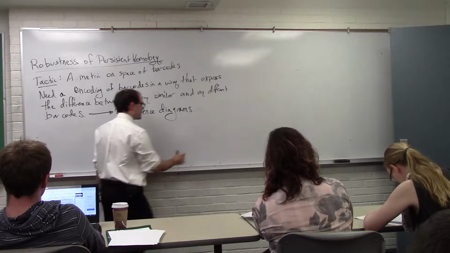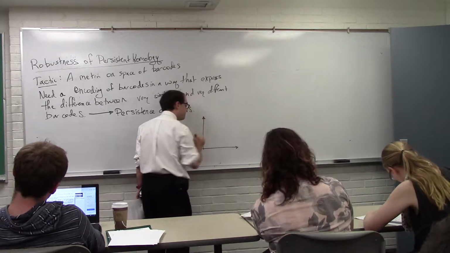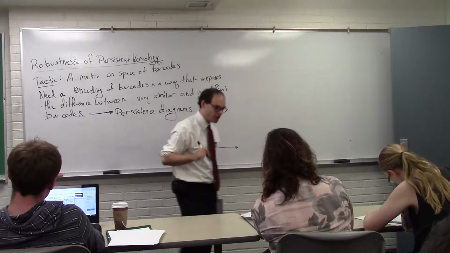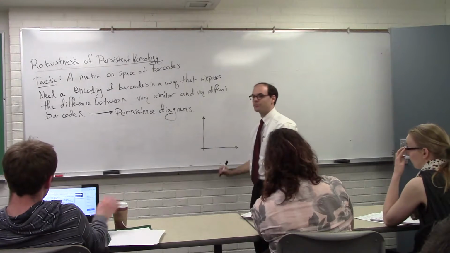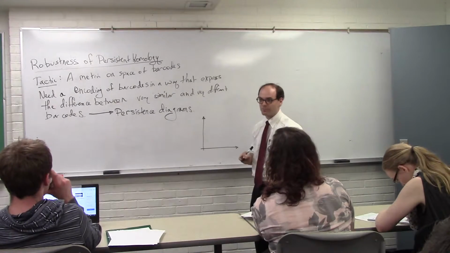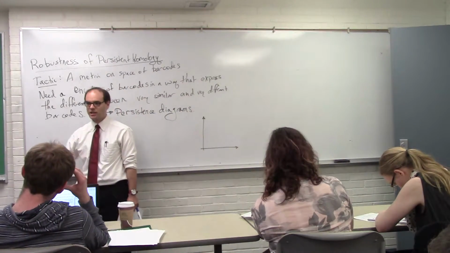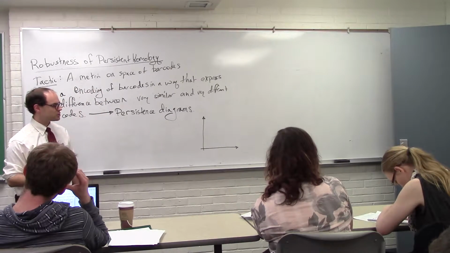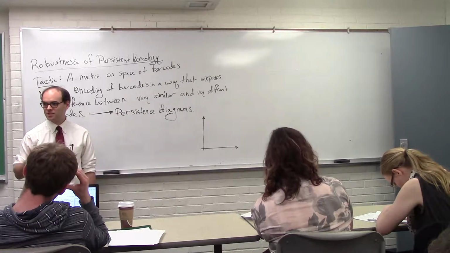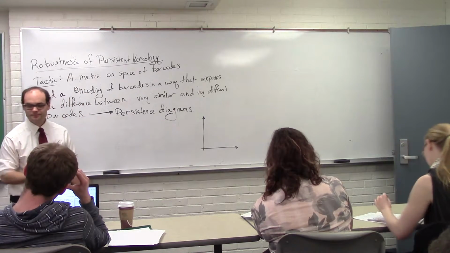Well, it looks like a two-dimensional plot, a bunch of points in that plot, although they're points that could be counted with multiplicity. I'm allowed to duplicate points, maybe two of them in exactly the same spot. That's what I mean by a computer science list: duplication's allowed. On the other hand, order doesn't matter. The technical term is a multi-set: a set in which duplication is allowed, but order doesn't matter.